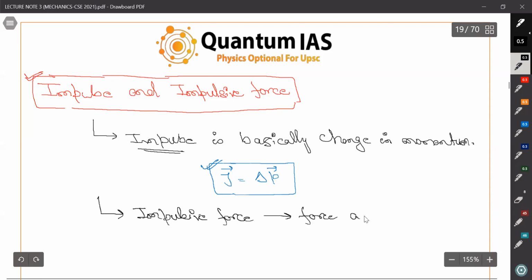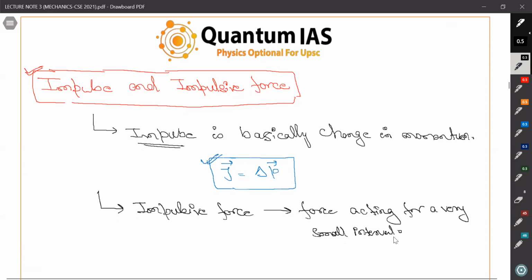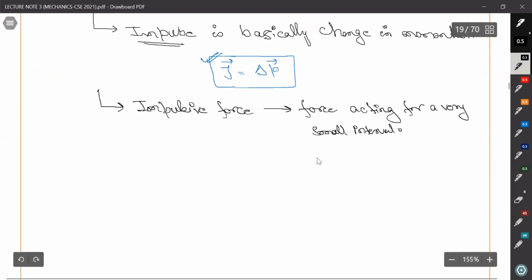Force acting for a very small interval, or you can say that change in momentum occurs in a very short interval of time, right?